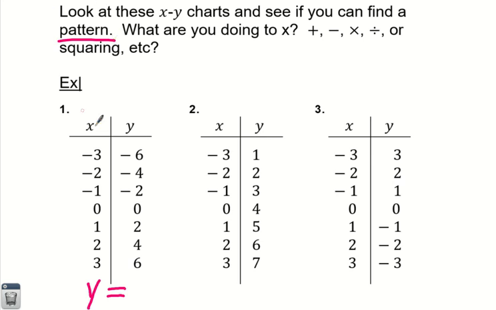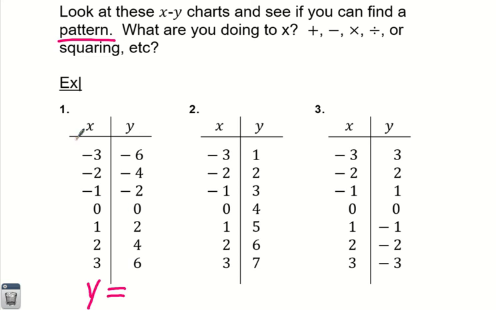So here we go. What would the equation be where if you plug in -3 for x, you end up getting -6? And if you instead plug in -2, you'd get -4. But if you plug in -1 instead, you'd get that.